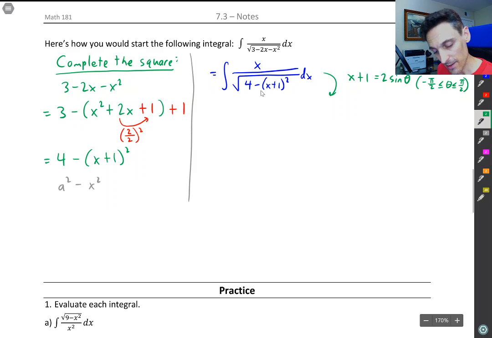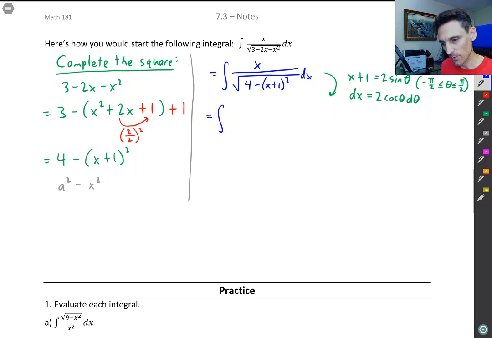Okay, now if we take the derivative, the derivative of x plus 1 is just going to be dx. I mean, dx d theta, but we move the d theta over to the right. So we have 2 cosine theta d theta on the right side. And now we can replace all the x's with thetas. The x on the top will be, let's see, what will the x on the top be?